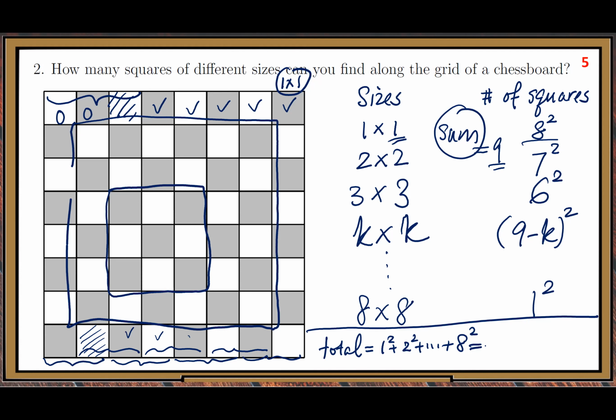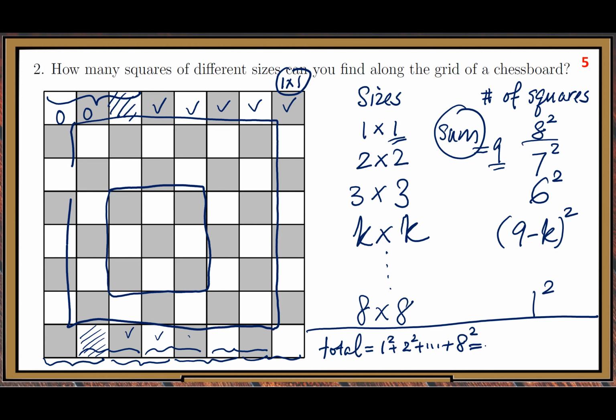From this example, you can see we characterize the given data in different categories. We treat each size as one category.